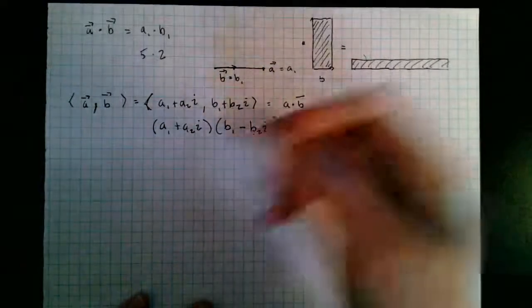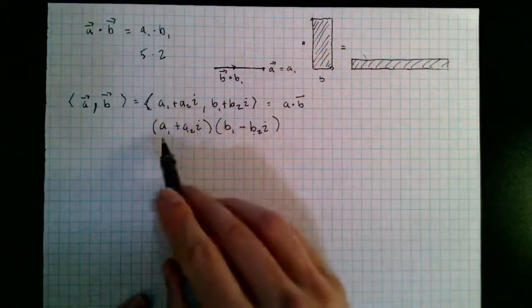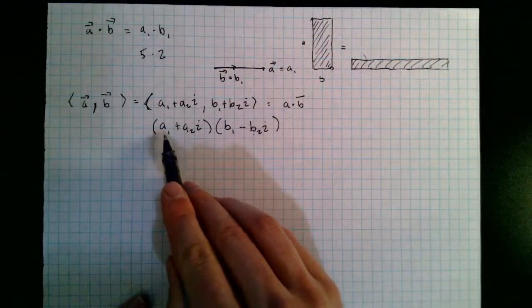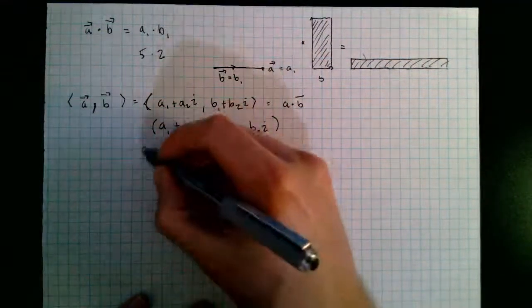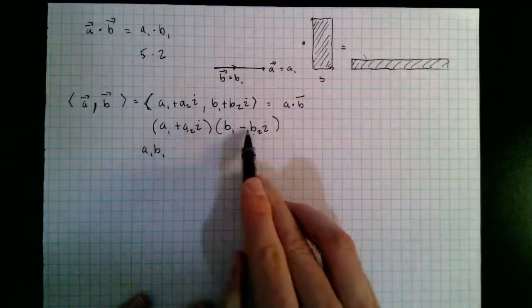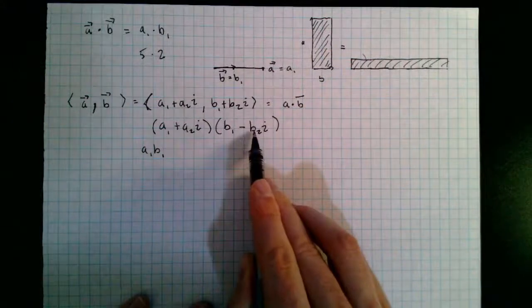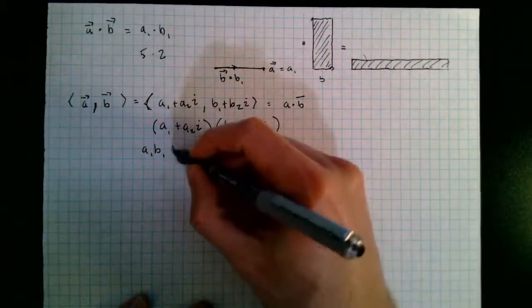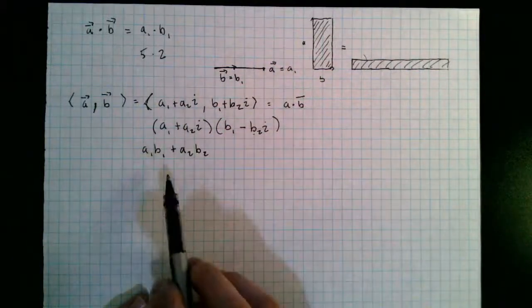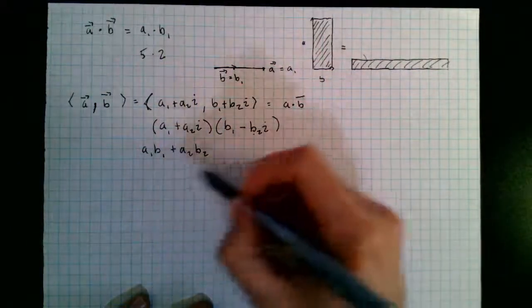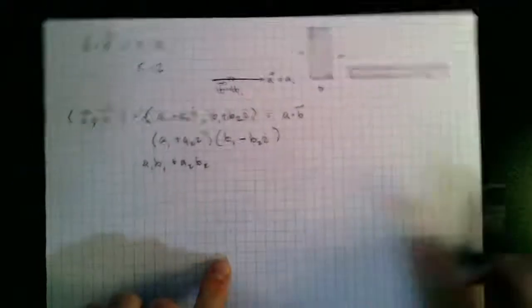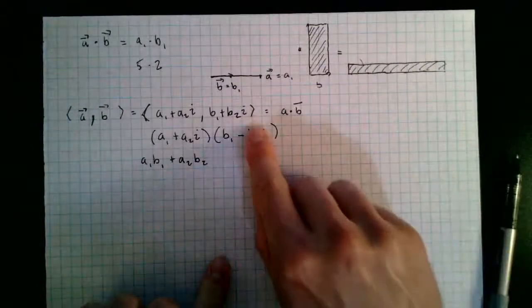You can do the foiling, and there are a couple of cool things that happen. On our real component, it's A1 times B1, and then minus A2 times B2, but we also have i squared, so that becomes plus A2 B2. This is the real component, and it's actually the normal dot product. If you pretend these were real numbers, the imaginary part would be gone.